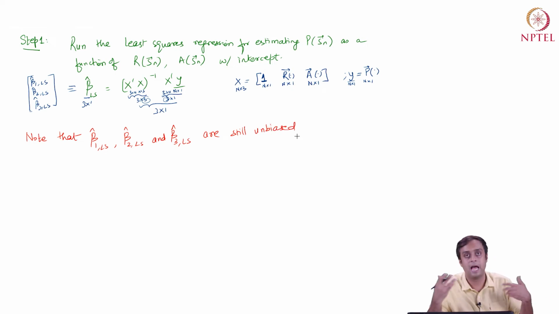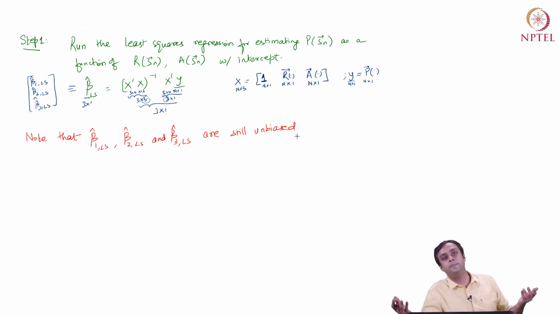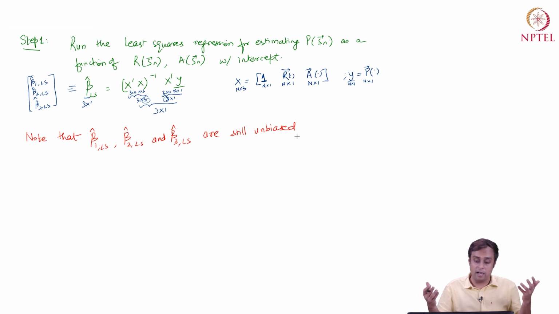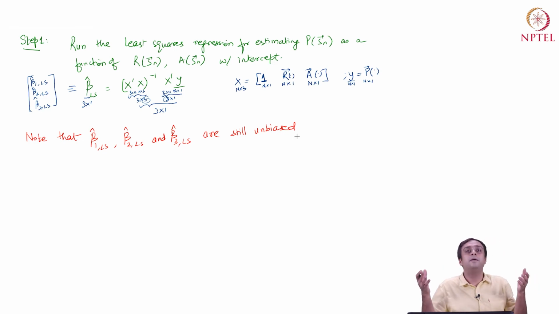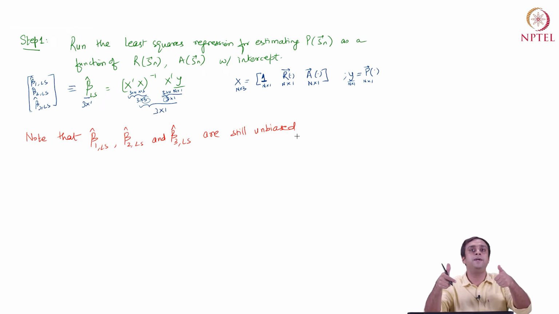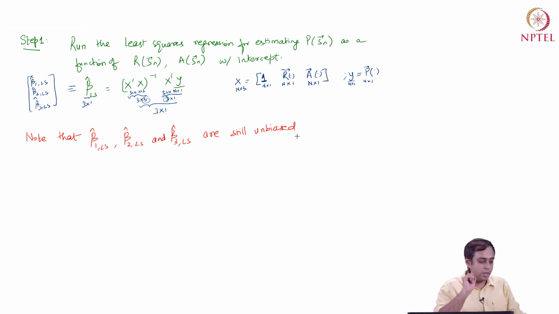We have established at the beginning of this lecture that even when there is heteroscedasticity of the form of spatial dependence in data, it doesn't affect the unbiasedness property of a BLUE estimator, right? So it's still unbiased. So we are good to go using beta 1 hat, beta 2 hat, and beta 3 hat as good guesses of true beta 1, beta 2, and beta 3, right?